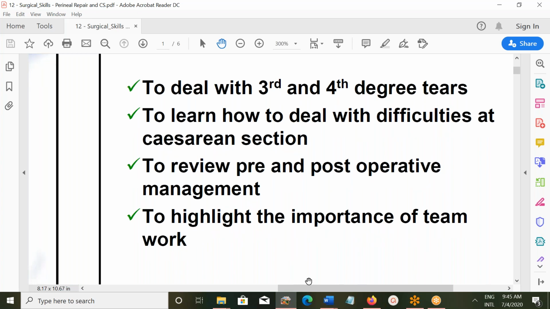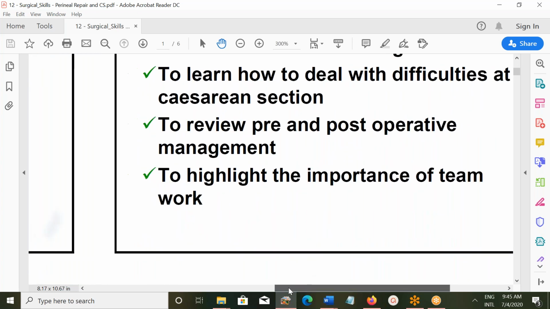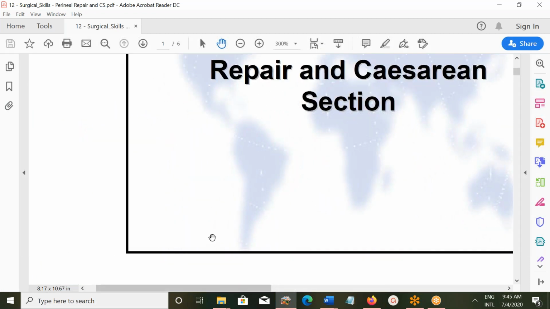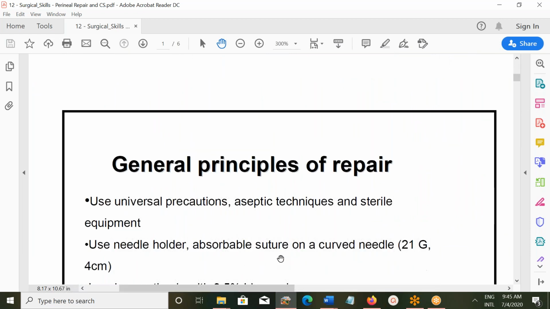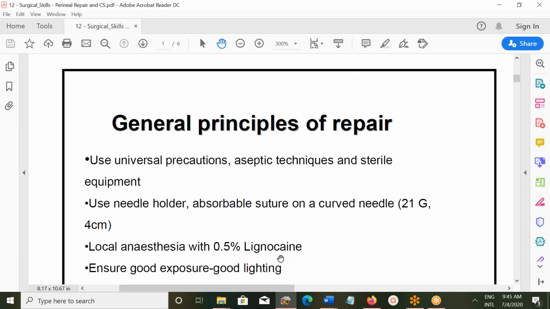Without teamwork, you can run into many problems. All of these issues require to be addressed if you want to offer good surgical care.